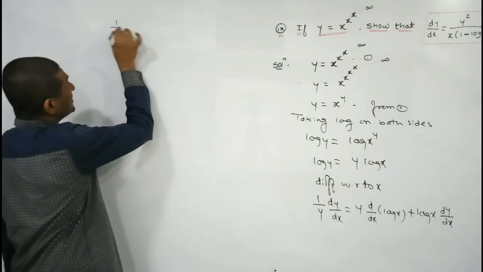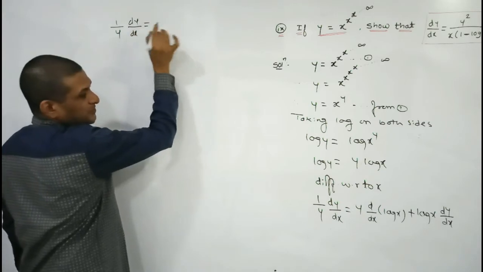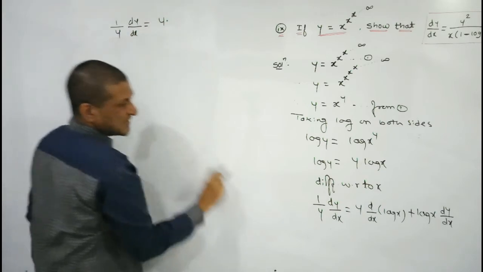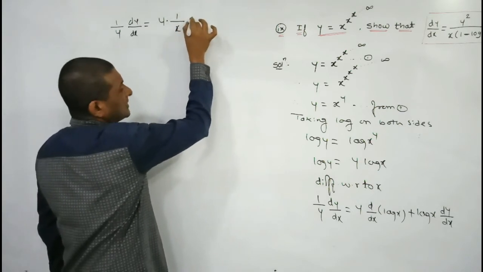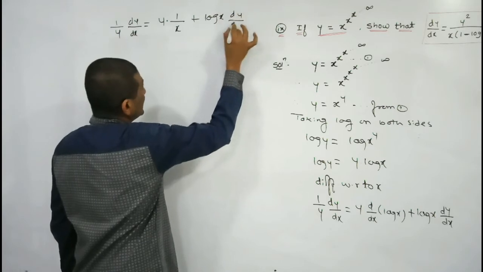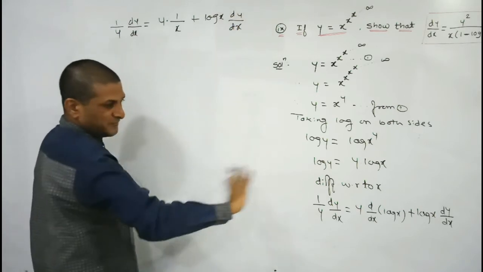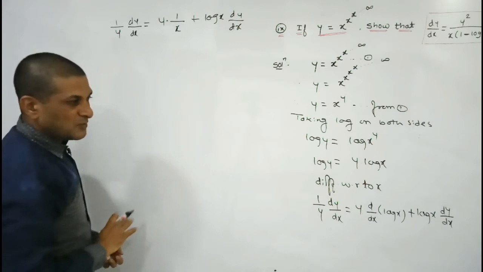So 1 upon y, keep it as it is, dy upon dx also as it is equals to y as it is. What is derivative of this log x? Derivative of log x will be equal to 1 upon x plus log x dy by dx, keep it as it is. Now differentiation of every term is taken here. Now we have to collect the terms of what? Dy by dx.